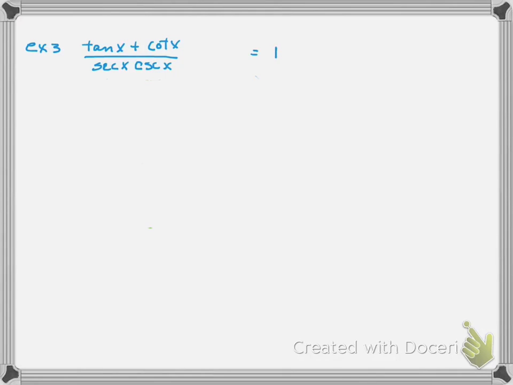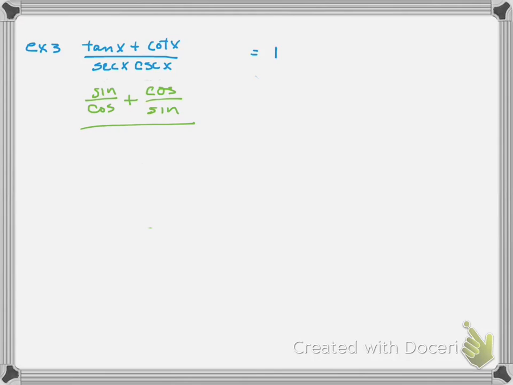All right. This one, again, I'm changing everything into sines and cosines. I'm wanting this to be 1, so I need the same on the top as I have on the bottom. So this gives me sine over cosine plus cotangent, which is cosine over sine, cosine over sine.